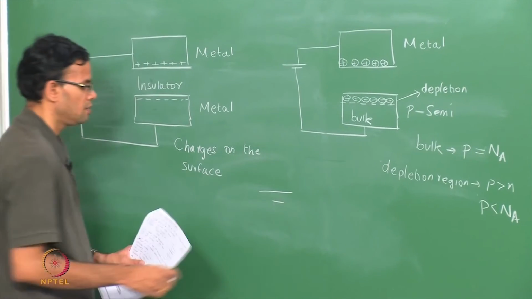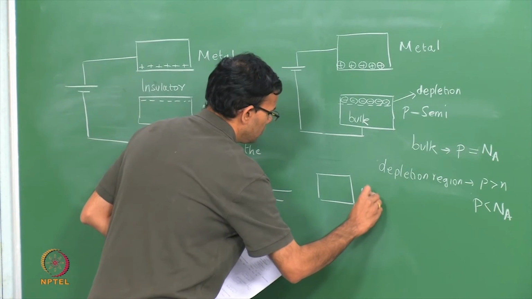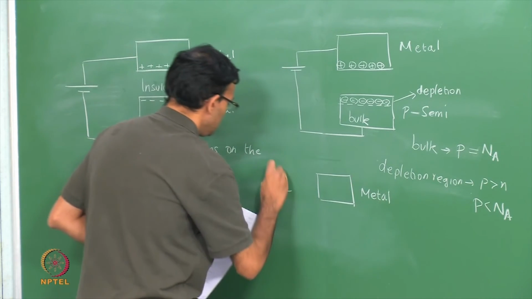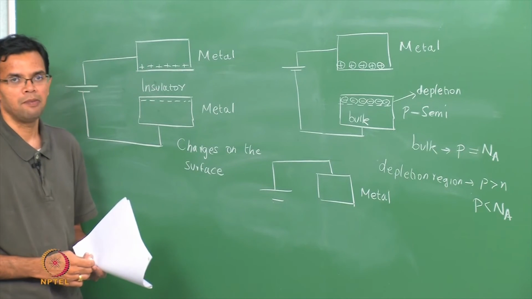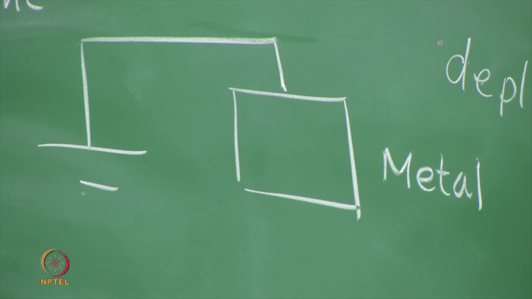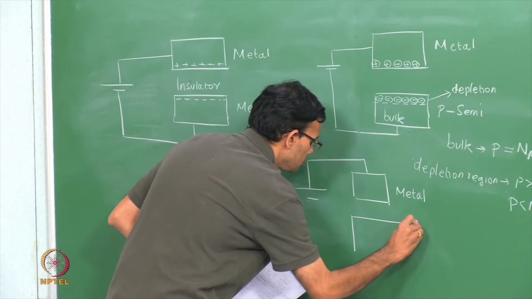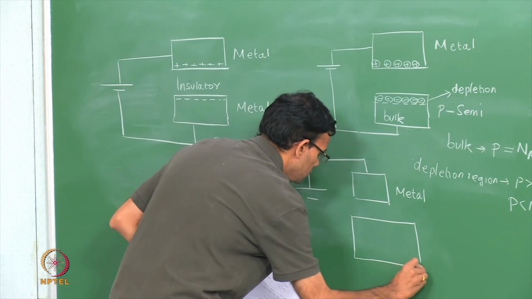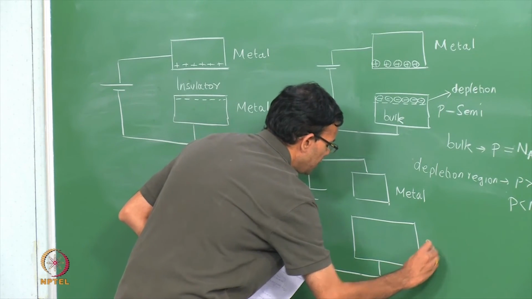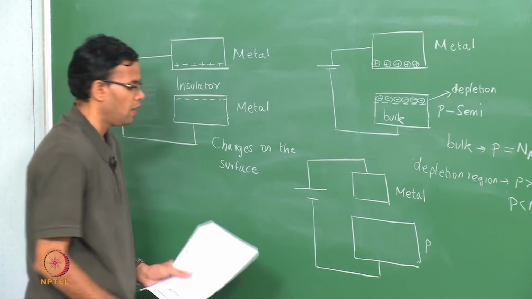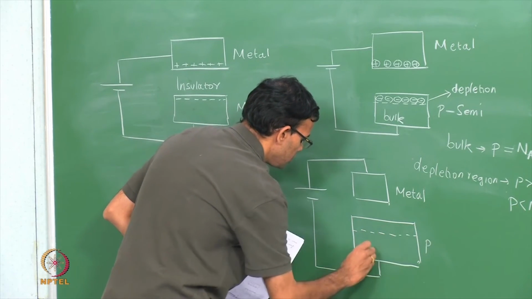Once again I have a metal. I am going to draw my semiconductor slightly bigger, so I can show the different regions. That is my p type. So, I have the bulk of the semiconductor, this is the bulk.